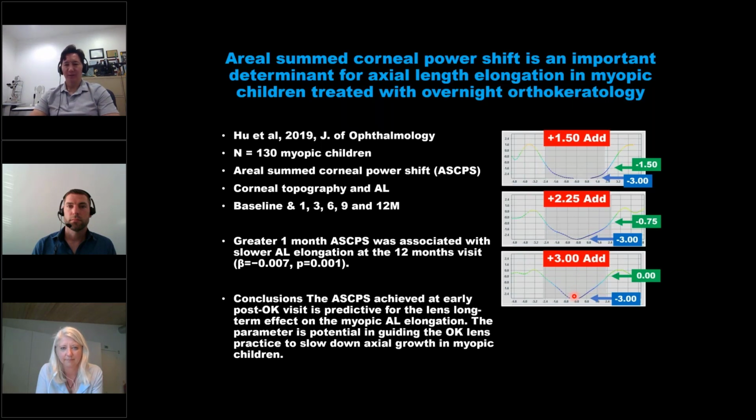And as Meta said, if we push too much and the patient can't visually handle it, then we have to back it off somehow, so that the aberrations are still there to slow down eye growth, but not so high that they hinder visual quality.